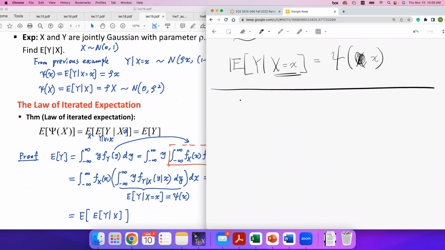For any random variable y, we can compute its expectation if we know the PDF or the PMF. But here's a very interesting thing. We can write the expectation of y in the following way.